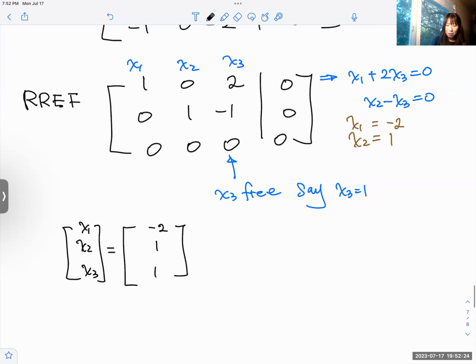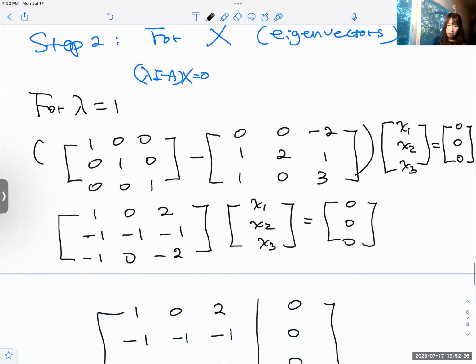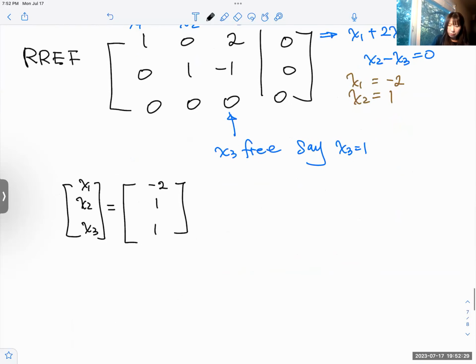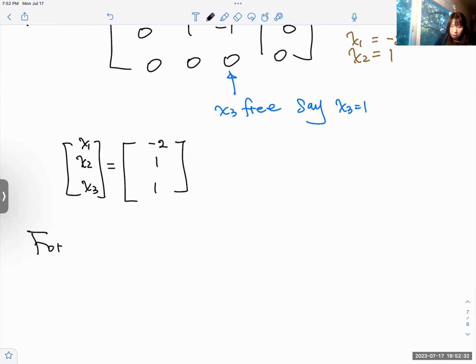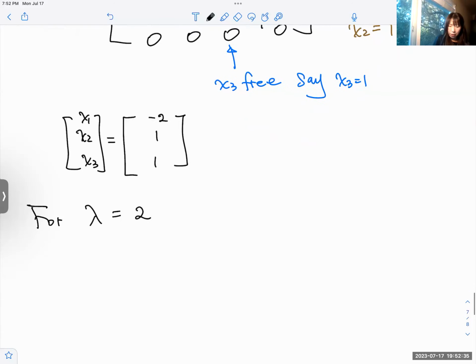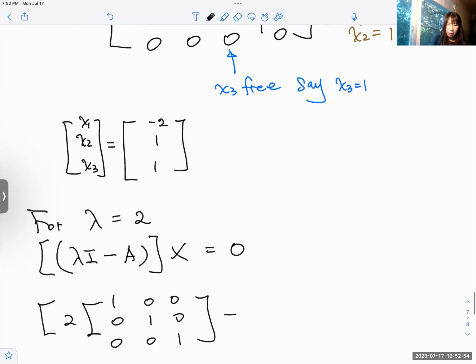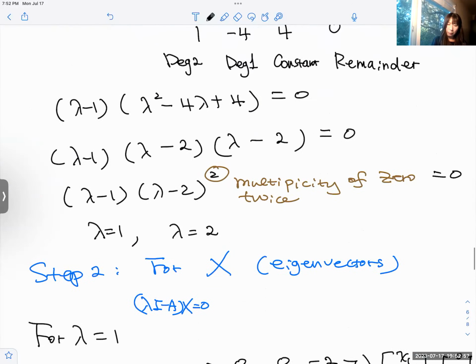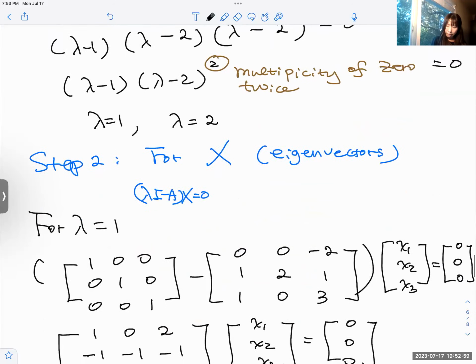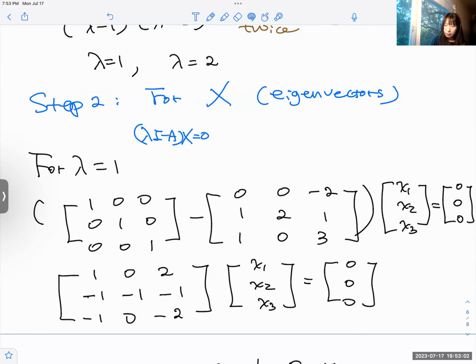We do the same process for lambda equal to 2. So for lambda equal to 2, we have lambda I minus A times x equal to 0, that is 2, 1, 0, 0, 0, 1, 0, 0, 1, and minus A. A is this one.